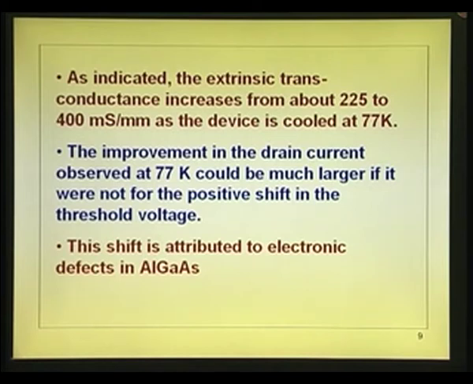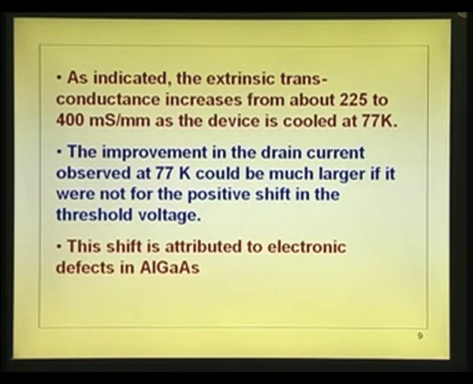But in practice, when you go to lower temperature, you do not have all those electrons available, because some of them are trapped in defects in the gas, or you can say frozen out. So, this gets shifted down here. So, what is mentioned here is you would have got better current there if the threshold voltage had not changed, because it has become positive. The current is only changing that much. That is the meaning of that.